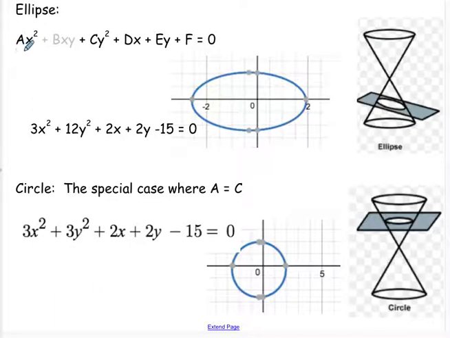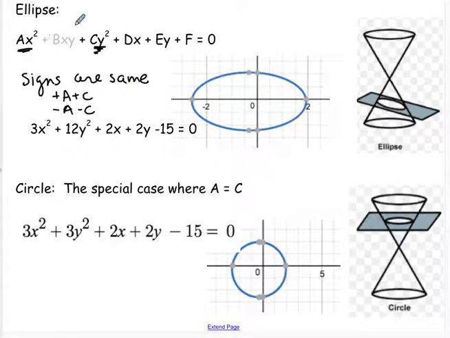In an ellipse, we have both an x squared term and a y squared term, but the signs are the same. They are either both positive, a positive a and a positive c, or we could have a negative a and a negative c. So the signs are the same for any type of ellipse, and I'm counting a circle as a subsection of ellipse here, so the signs need to be the same for a circle as well. But if it's a smooshed ellipse, then our a value and our c value will not be the same.